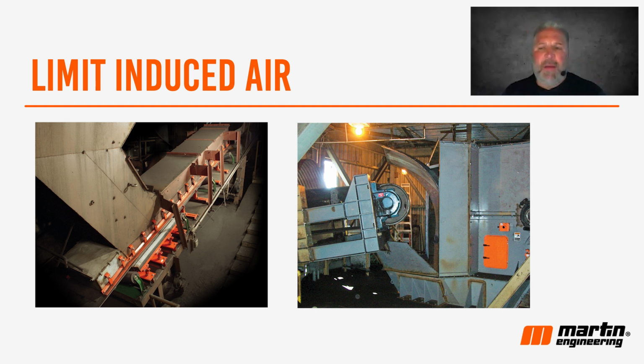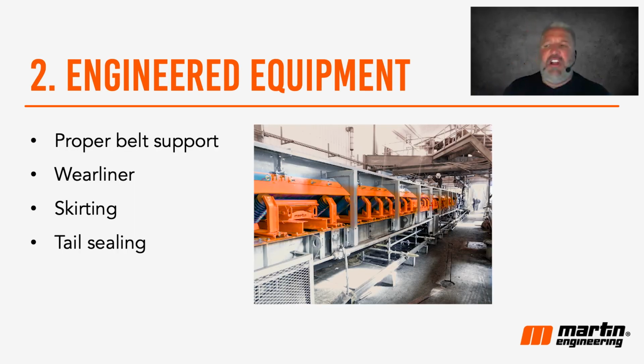The second, we're going to talk about those specific engineered controls at the enclosure, or the equipment needs at a transfer point or load zone to really make up the system that's going to keep that air contained all the way to point B. So the intent of this number 2 is to have this auxiliary conveyor equipment installed, maintained, and used to not allow any air to escape this process.